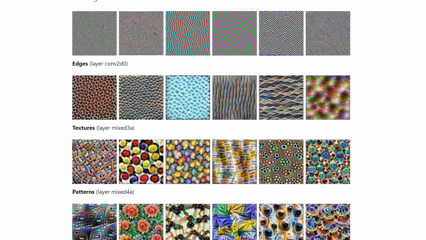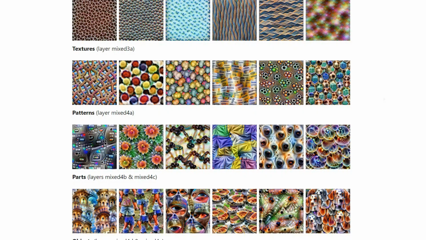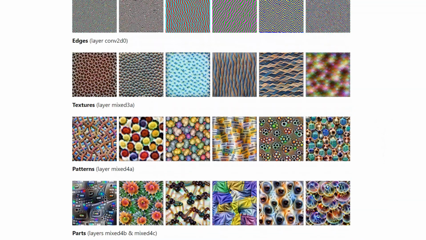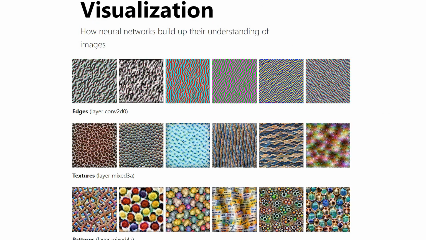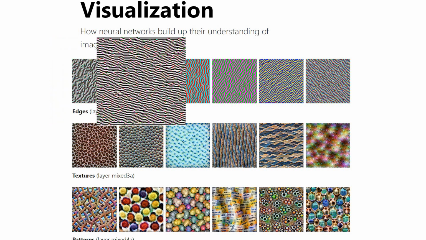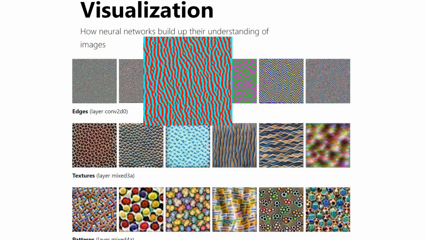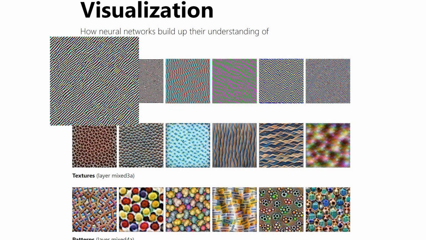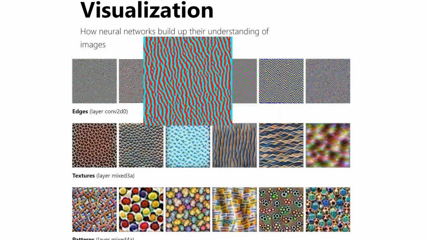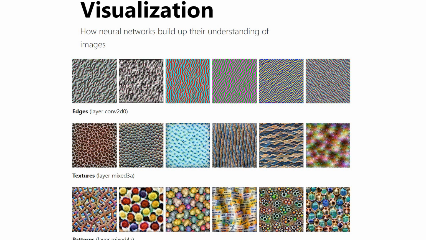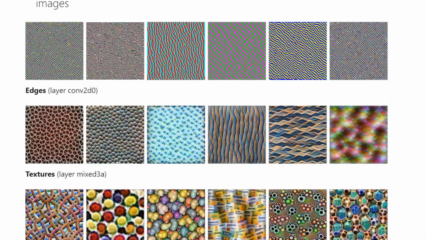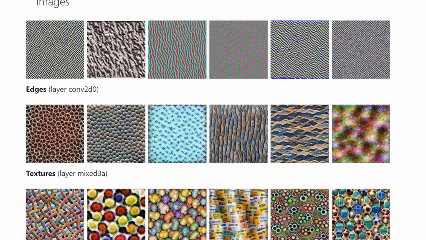In this article, they first showcase these patterns here, where you can see that as you go through the network, in this layer, conv2d0, which is a very low layer in the network, you have what look like pattern detectors. These are the things that the network is excited by. And we'll get in a second to how you create these things. Just be sure these are the things that these particular layers in the network are most excited by.